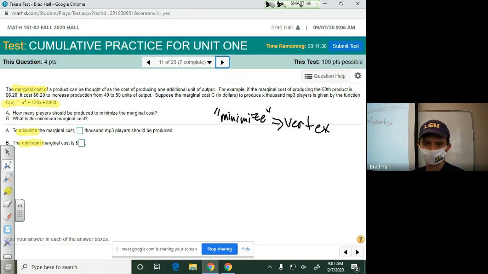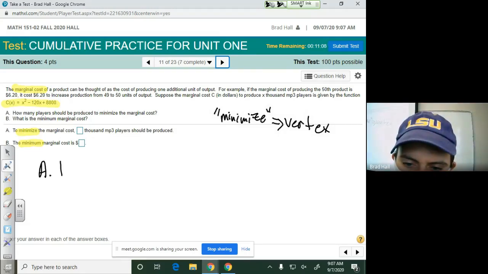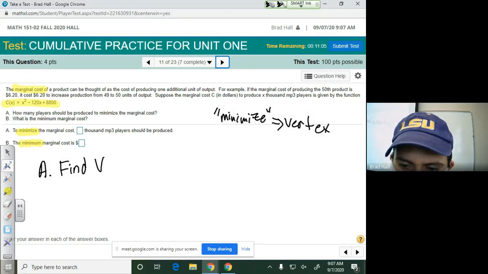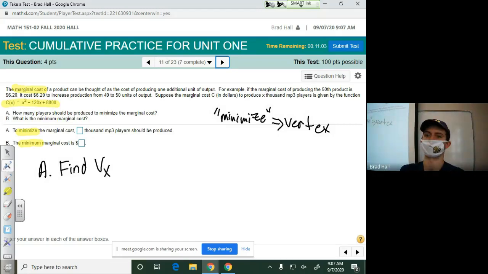So if we're finding the vertex, well, we have to figure out, are we finding the x coordinate of the vertex or the y coordinate of the vertex? In this problem, both A and B ask for some sort of minimum type characteristic. So it turns out part A wants us to find the x coordinate of the vertex. That is part A.